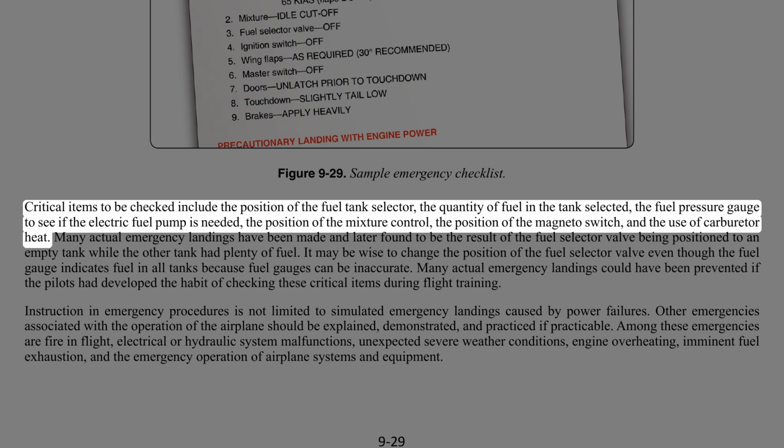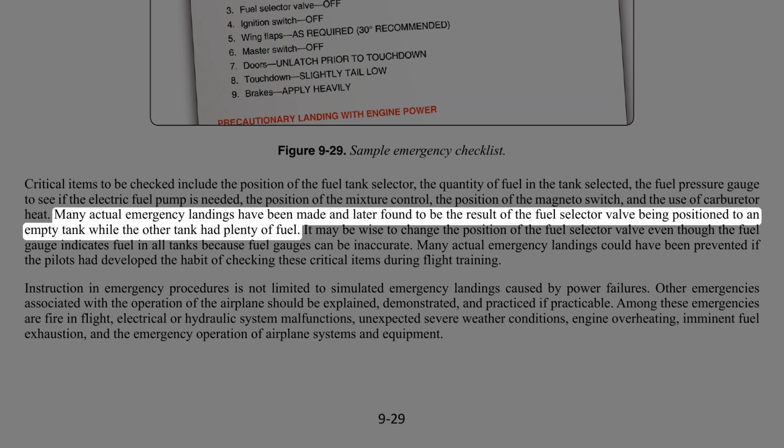Critical items to be checked include the position of the fuel tank selector, the quantity of fuel in the tank selected, the fuel pressure gauge to see if the electric fuel pump is needed, the position of the mixture control, the position of the magneto switch, and the use of carburetor heat. Many actual emergency landings have been made and later found to be the result of the fuel selector valve being positioned to an empty tank while the other tank had plenty of fuel.